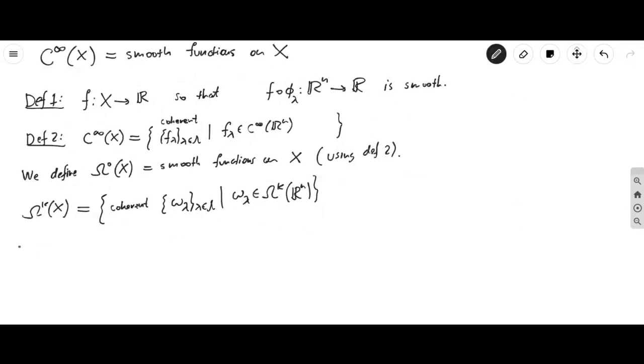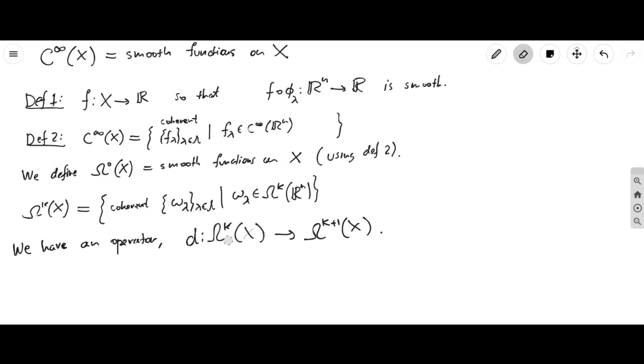So we have an operator, let's call it D, that takes us from k-forms on X to k plus 1 forms on X. So how is it defined? Well, here's the way it gets defined.